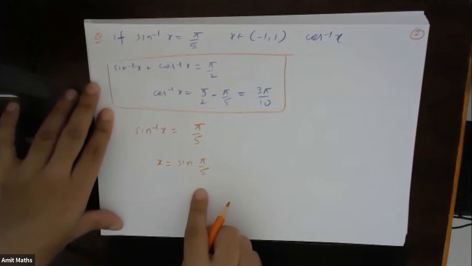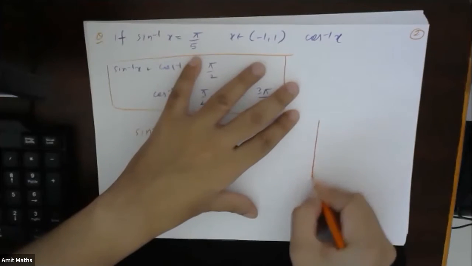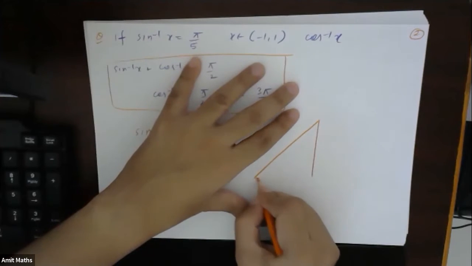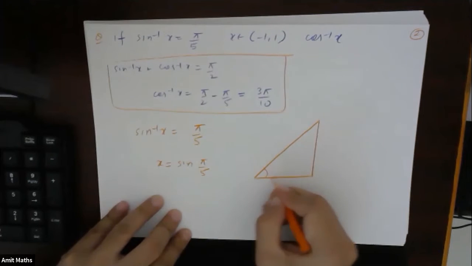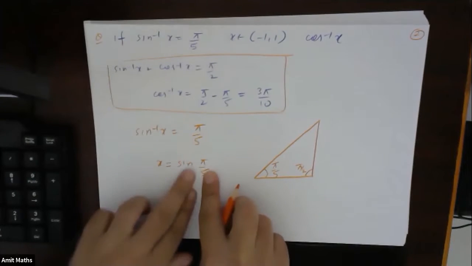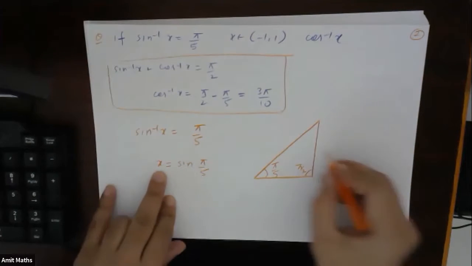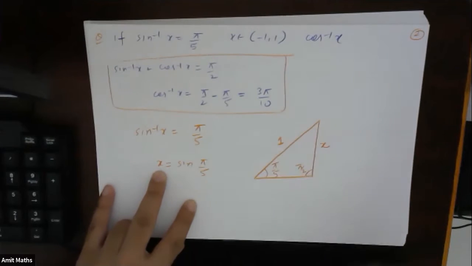Sine of pi by 5 will give me x. So if I have a right angle triangle, suppose this angle is pi by 5, this is pi by 2, and sine pi by 5 will be x. So this will be x, the height, and the hypotenuse is 1, right?